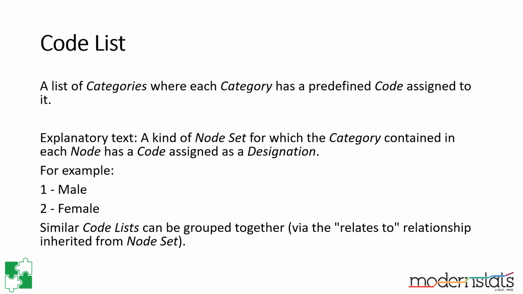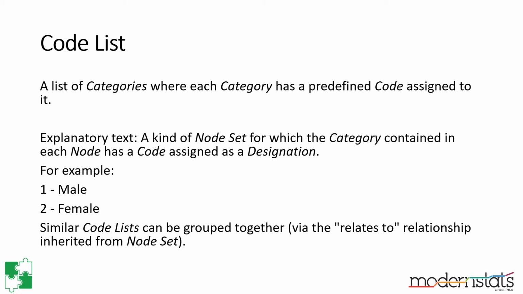Code lists. It's a list of categories where each category has a predefined code assigned to it. The explanatory text is that it's a kind of node set for which the category contained in each node has a code assigned as a designation. This is something of information model centric language.